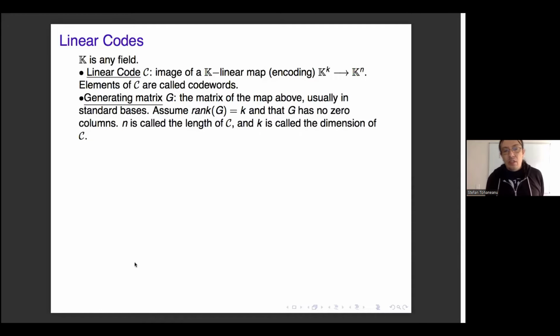And also for the sake of this talk, we assume that this matrix has no zero columns. Usually in coding theory, it may happen that these matrices have zero columns. n is called the length, k, which we know already, is called the dimension.